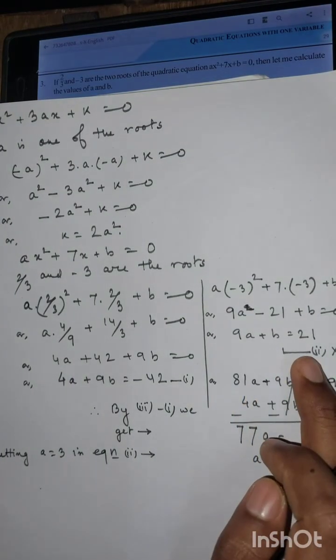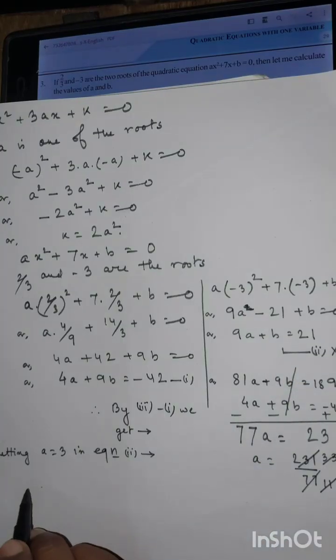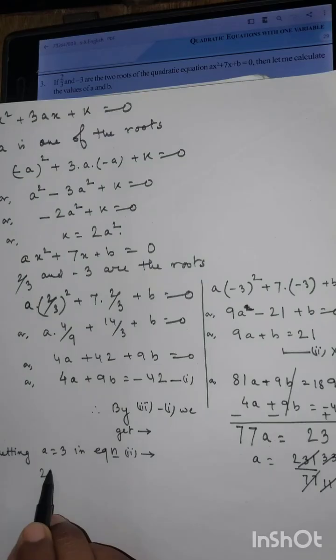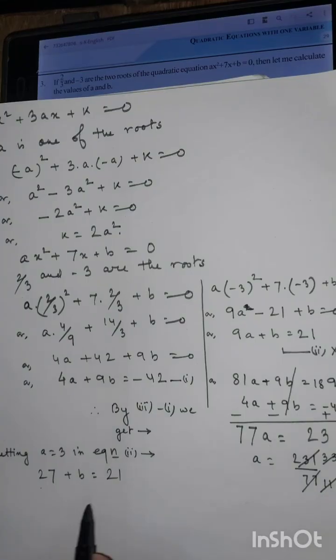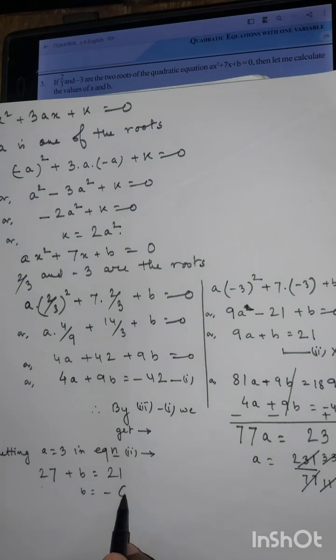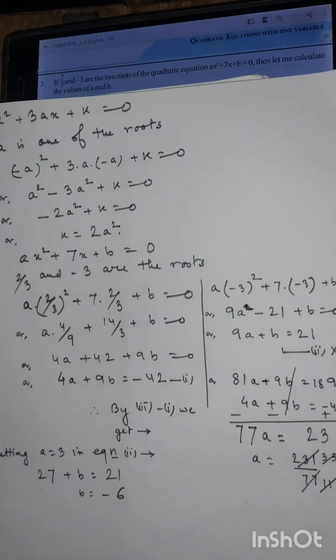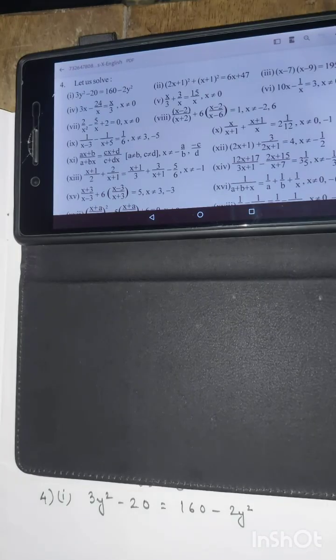In equation 2, if we put the value of A, we get B should be minus 6. So A is 3, B is minus 6. Now let us solve our next question, question number 4, Roman 1 of 4. Okay, we have to solve this quadratic equation.